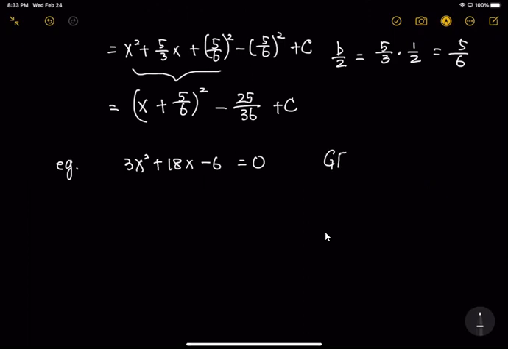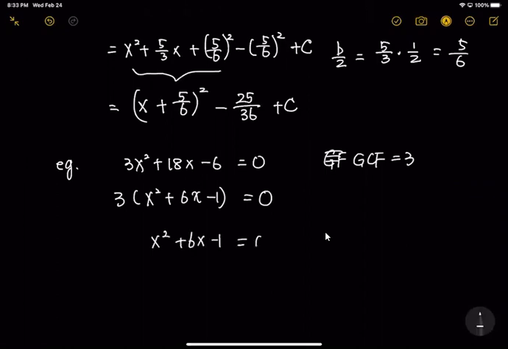Well, we can factor out the greatest common factor, which is 3. So I have 3 times x squared plus 6x minus 2 equals 0. You divide by 3 on both sides, so you will have x squared plus 6x minus 2 equals 0.